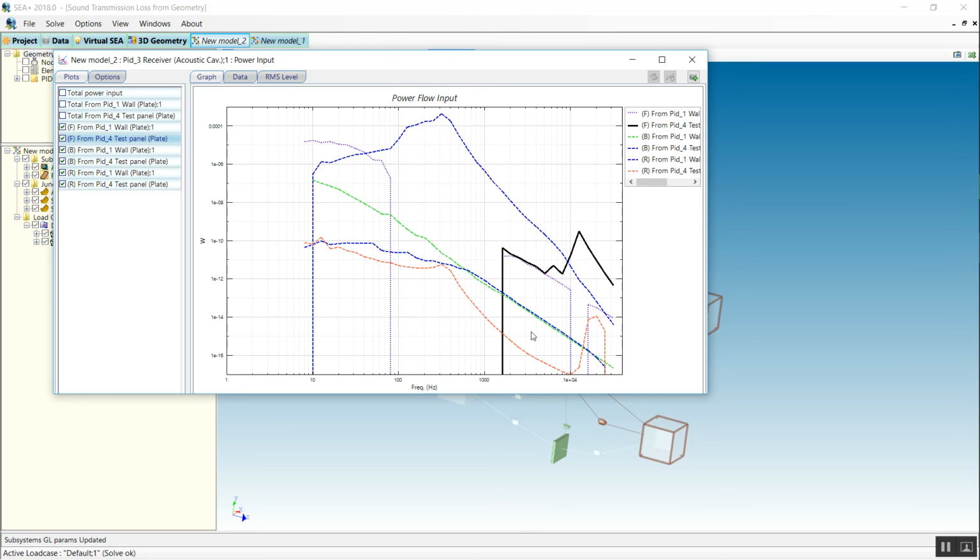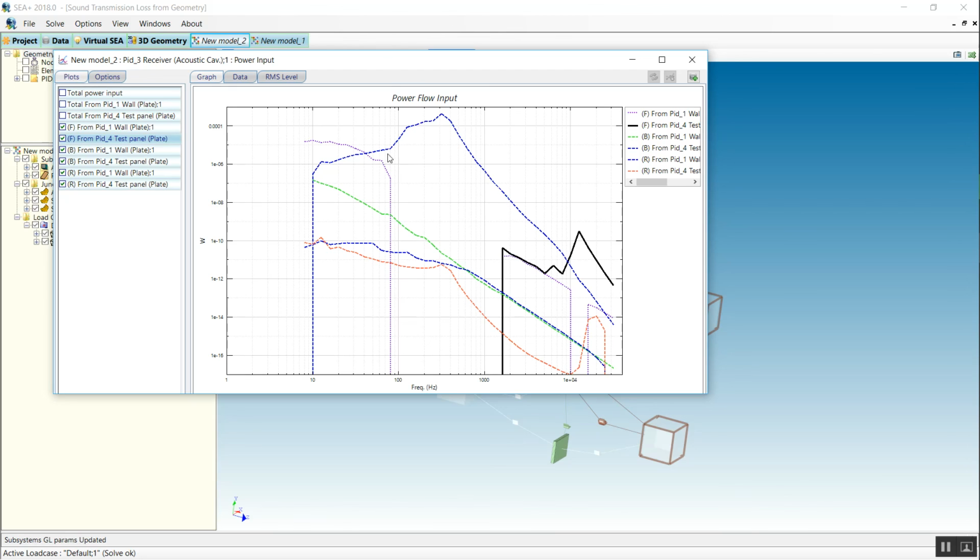So depending on where you look, you need a different dynamic range. All right, that's it. So in more complex situations, you can use the power flow input plot, because you can really grasp what is the most important contribution directly from here.